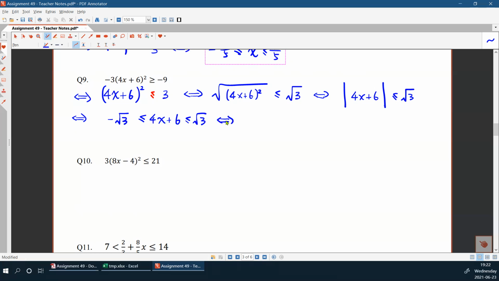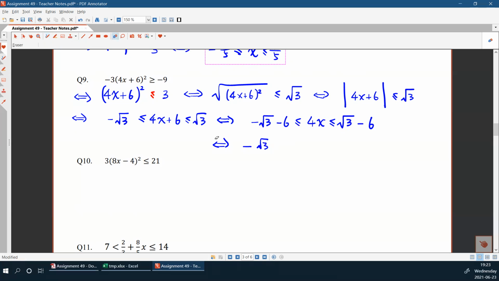And then we can subtract 6 from all sides. This means minus square root of 3 minus 6 less than or equal to 4x less than or equal to square root of 3 minus 6, right? And then we can divide both sides by 4. 4 is positive, so we don't change the direction of the inequality symbol.